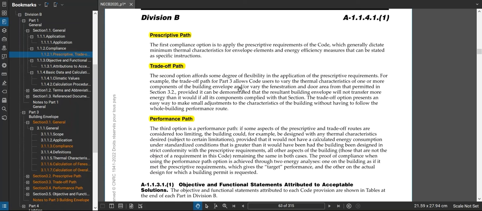And so, for example, you could trade off, maybe you do a higher efficiency mechanical system instead of doing a certain amount of insulation on the wall and stuff like that. So it kind of increases, I suppose, the trade-off in a way. But anyways, performance path just means you're doing an energy modeling approach basically, which is generally what I would say most Part 3 buildings are going that route, and having an energy consultant involved at some level.